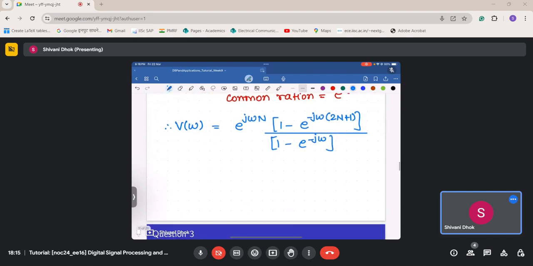Now I can write this as e power j omega N multiplied by e power minus j omega by 2 into (2N plus 1). Basically I am taking common e power minus j omega (2N plus 1) by 2.